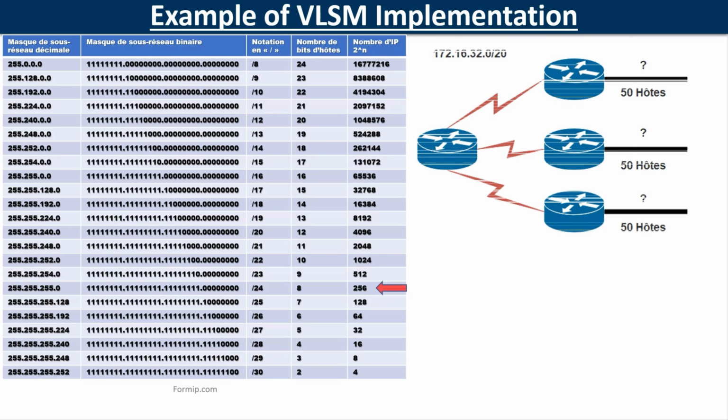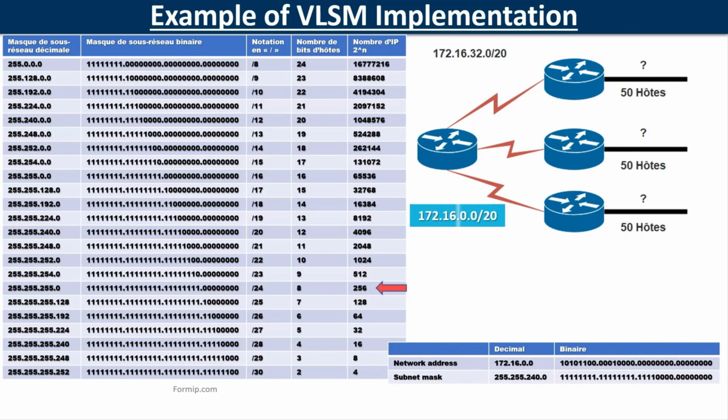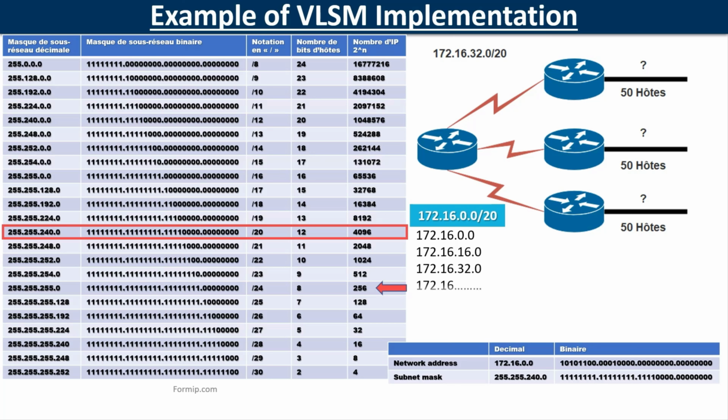Let's take another example. The start network is 172.168.0.0/20. It carries a 20-bit mask, which gives in decimal 255.255.240.0. You can see all the networks that it is possible to choose for our topology.